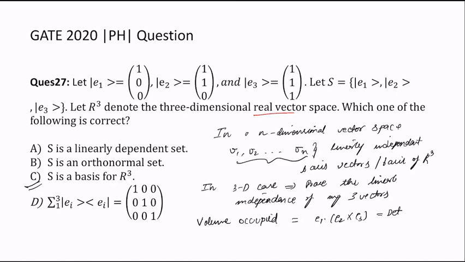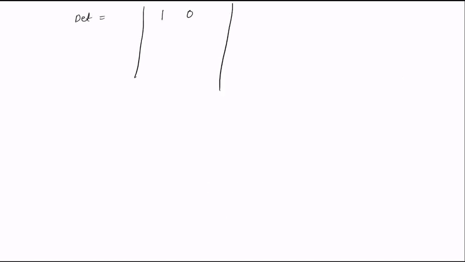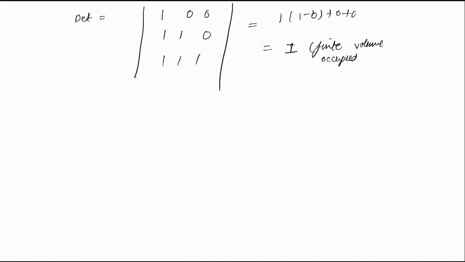So we'll just find the determinant of the matrix formed by these vectors, which will be 1 0 0, 1 1 0, and 1 1 1. The determinant is 1 minus 0 plus 0 plus 0, which is 1. So we get a finite volume occupied by these three vectors in a real 3D space.